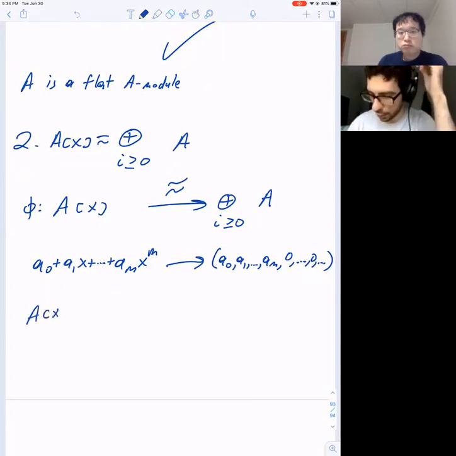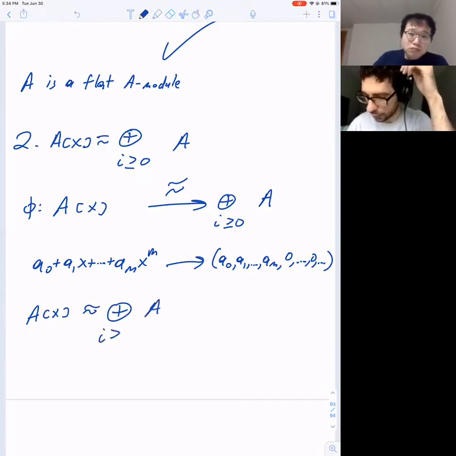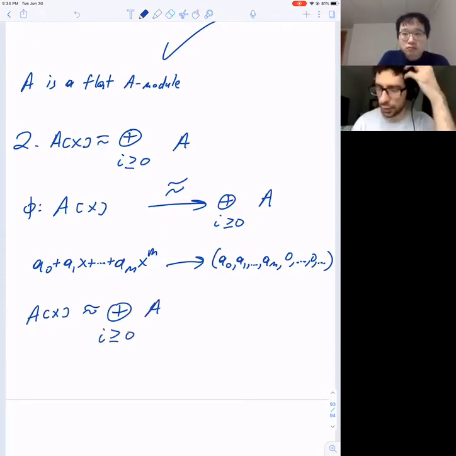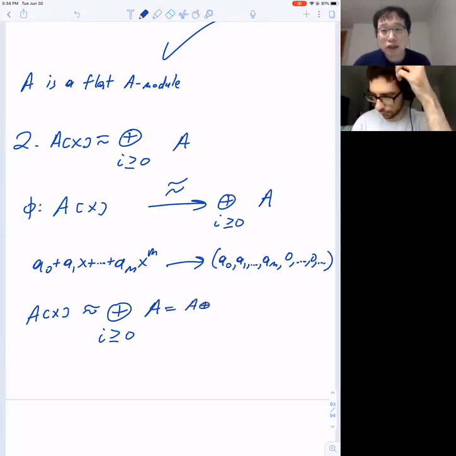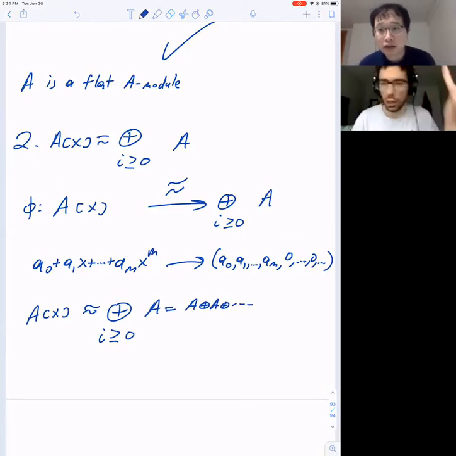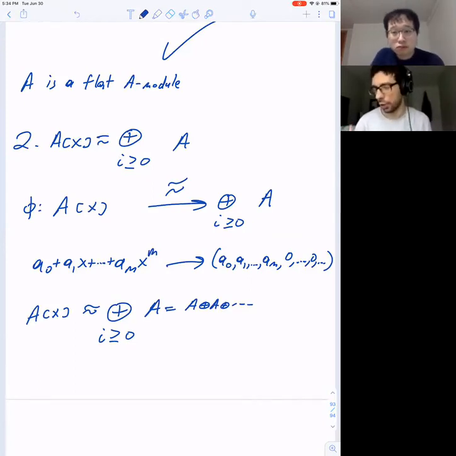So A bracket X is in fact isomorphic to countably infinitely many copies of A. Yeah, as long as we are not considering the algebra structure, this is clear. It's even stronger than a group homomorphism, I think. So actually, A bracket X is a direct sum of infinitely many copies of A, and in step 1, I proved A is flat.